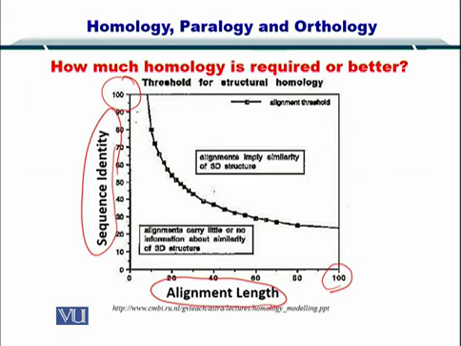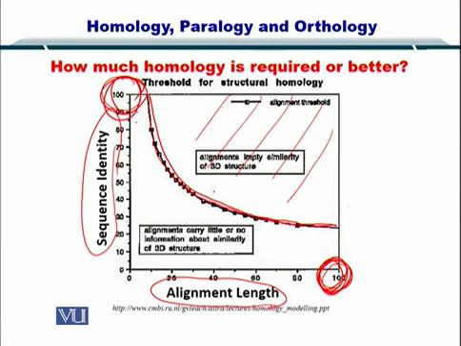So as you can see here, this curve is going to define which homology strategy is going to be useful. So if there is a high alignment length as well as a high sequence identity, which is the case when two proteins are very similar, you will be in this region.